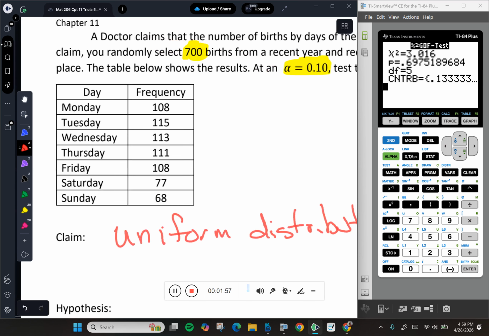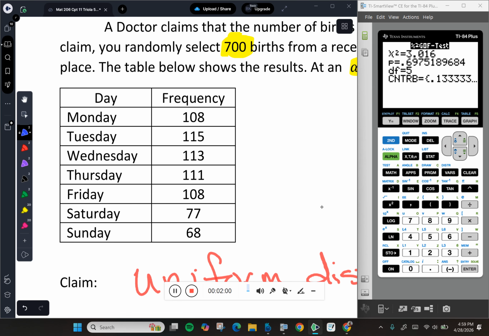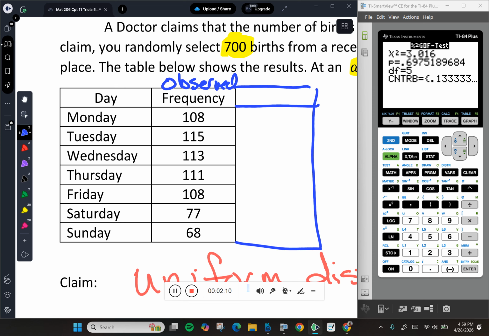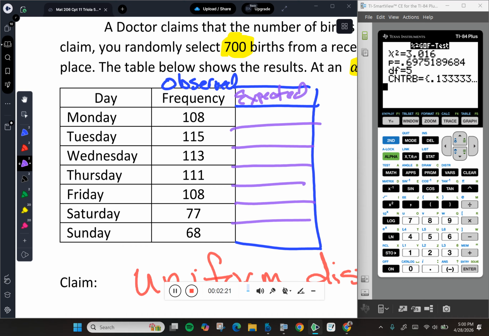So this table that we're looking at here, these are going to be observed. So we need to make another set of data over here that is going to be our expected. Now, if these were uniformly distributed and our k here is 7 because there's 7 days of the week, then each of these should be 1/7 of our sample size n.